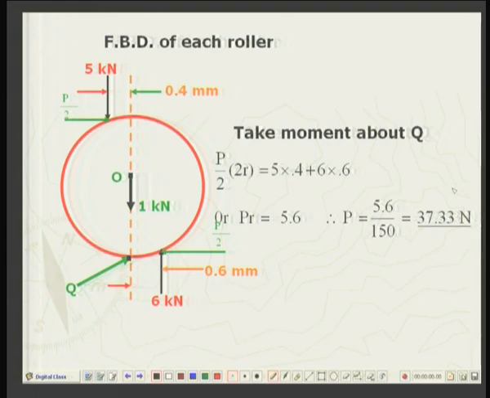So with this simple arguments, we have seen that the pulling force required to move the plank as well as both the wheels to let them roll around on the ground is 37.33 newtons.